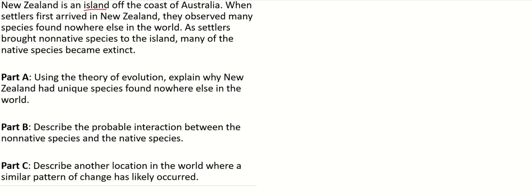When settlers first arrived in New Zealand, they observed many species found nowhere else in the world. Well, that's because islands are geographically isolated in many ways. So that's point number one. As settlers brought non-native species, that's a different topic going on now.